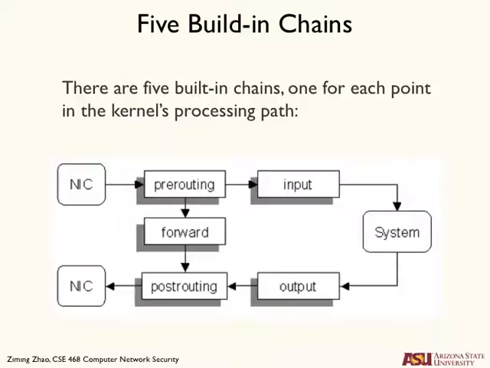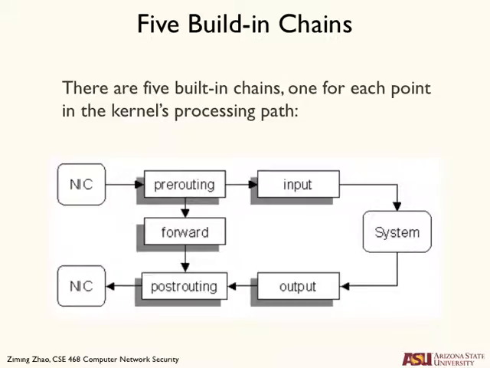If an application wants to send out a packet, it will add some IP headers, and it will go out through your network card. And if your system is a router, then the packet will be forwarded from one network card to another network card.